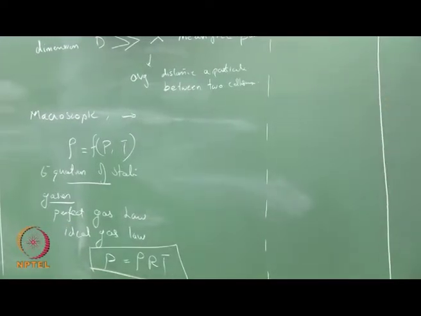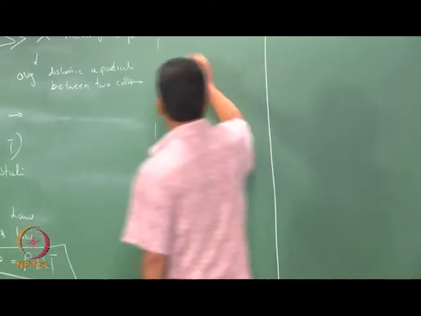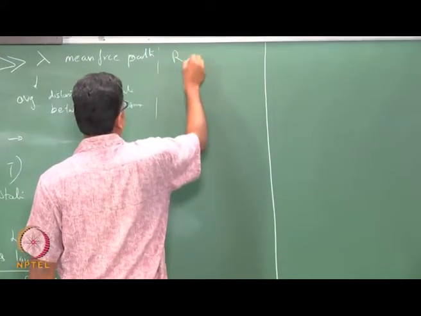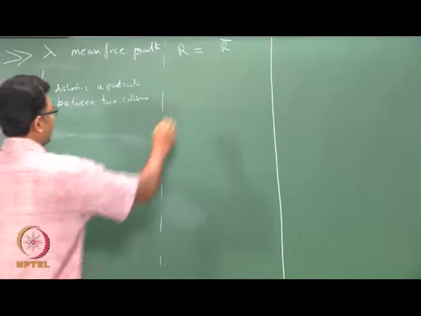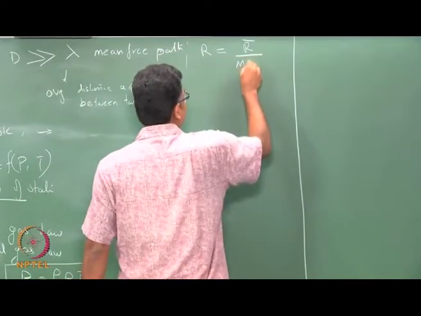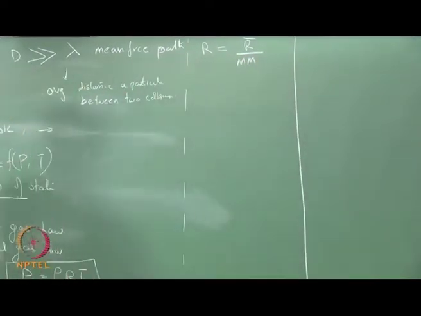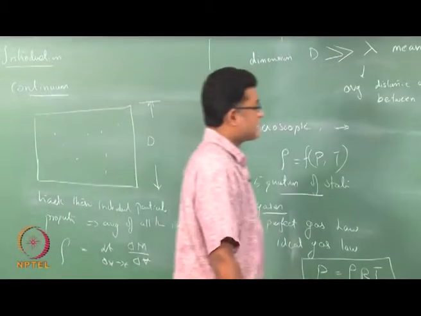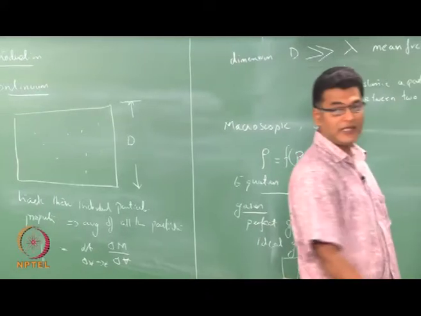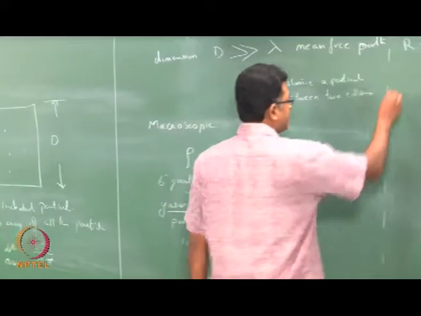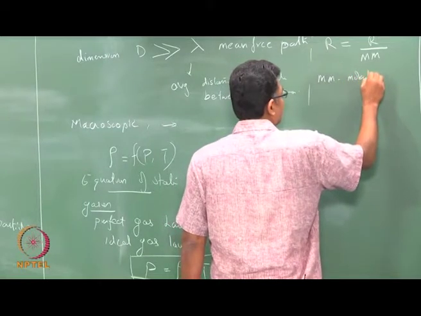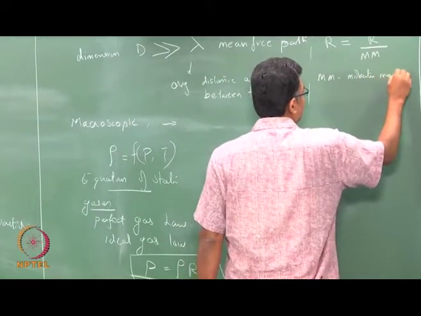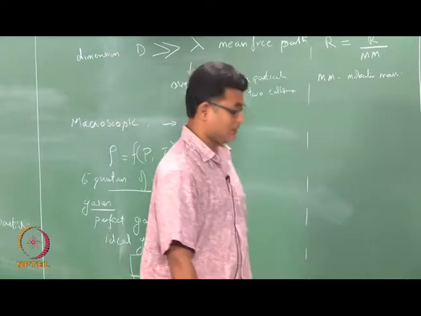Now, you can relate the specific gas constant R with something called the universal gas constant in the following form, where R equals R bar, the universal gas constant, divided by M, the molecular mass.